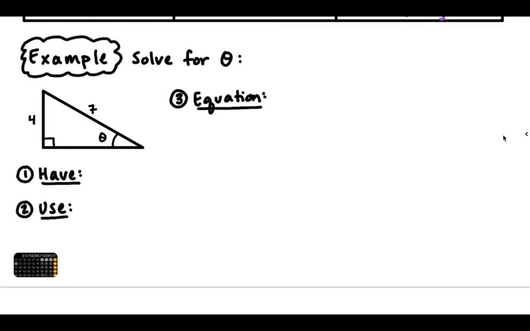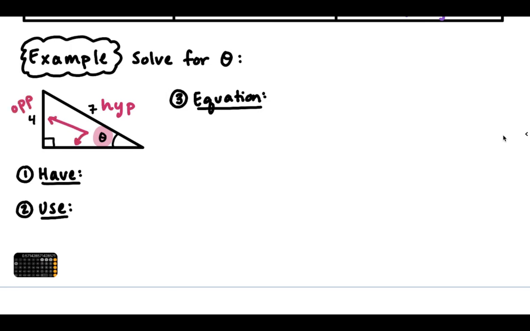So I'm going to start by labeling my triangle for theta. I start with my hypotenuse, which is across from the 90, so 7 is my hypotenuse. Then I go across the triangle from theta for the opposite side. So 4 is the opposite of theta.